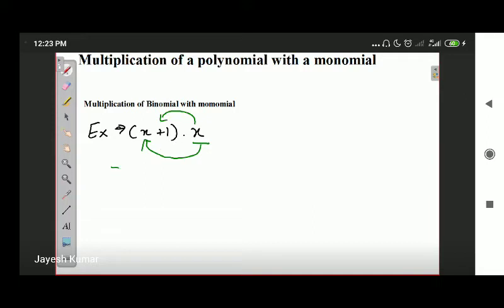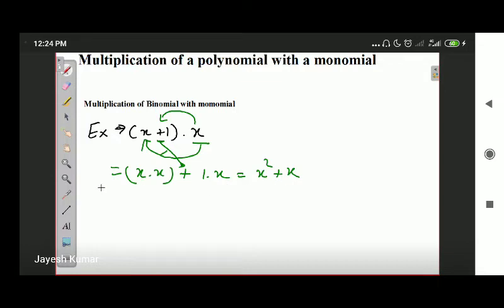So you will rewrite it as x into x, the multiplication of the first term of the binomial with the monomial, and the sign in between will remain the same, and then 1 into x. So your answer will be x square plus x. I hope you get that.